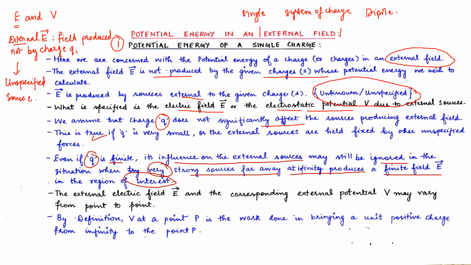So in case our Q is big and producing some E, but this unknown charge is producing E external which is extremely bigger, in such a case, though E is big, but E external is bigger, and this can be ignored.